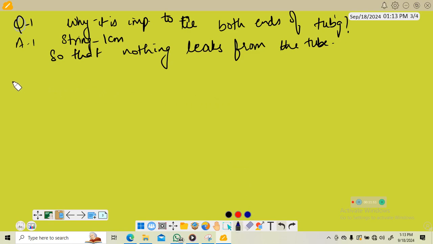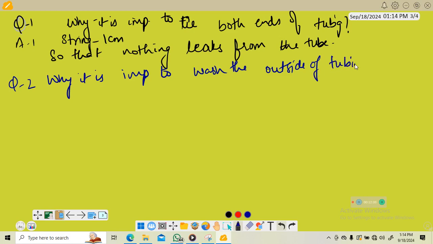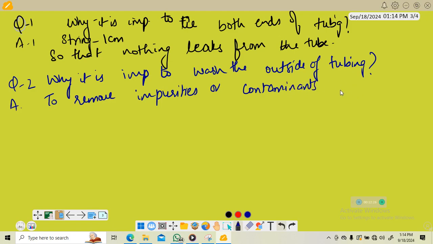Now another question: why is it important to wash the outside of the tubing? It is necessary to remove impurities or contaminants that may be present on the surface.